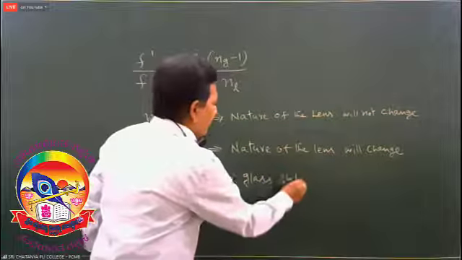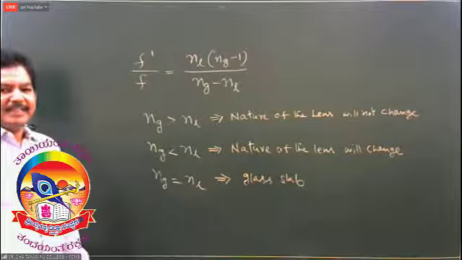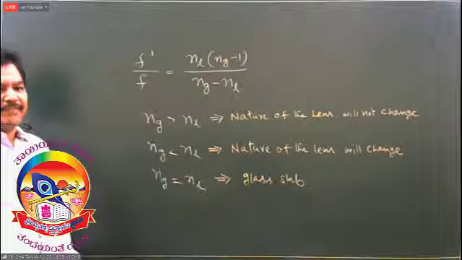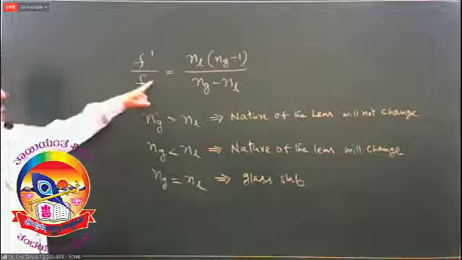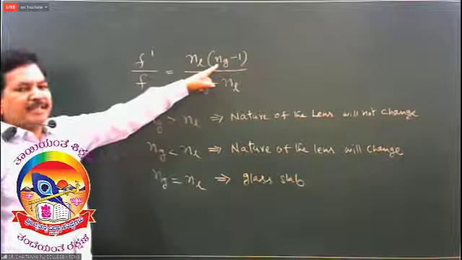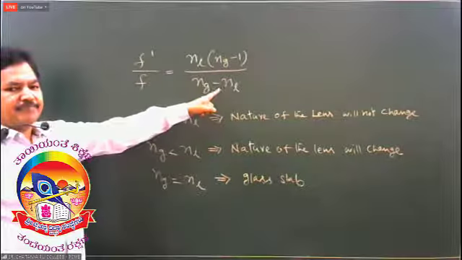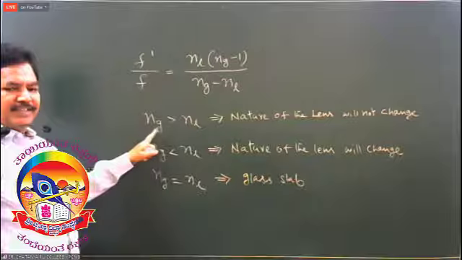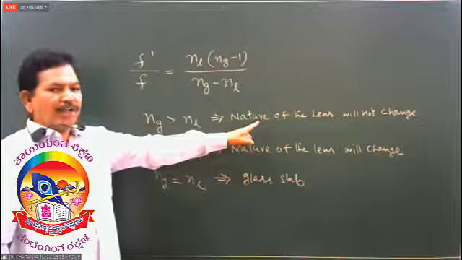So this is a very important concept. Whenever the lens is dipped inside a liquid, how to calculate the focal length of the given lens? F dash by f is equal to NL into (NG minus 1) divided by (NG minus NL). First condition, NG greater than NL: the nature of the lens will not change.